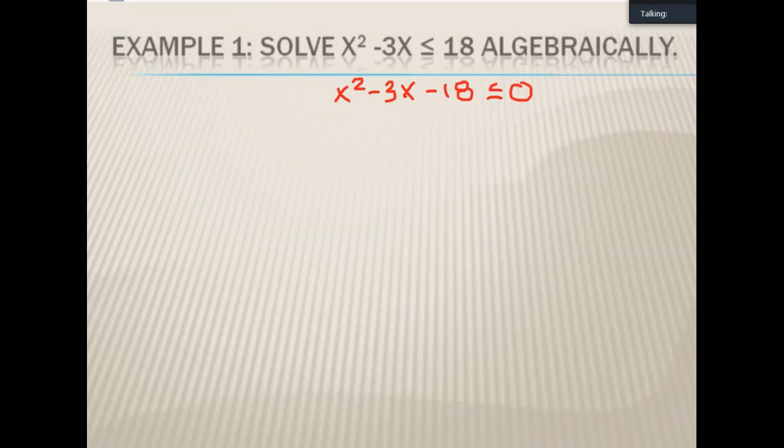You can always use the quadratic formula, but if you recognize that a function is factorable, you can also factor it.